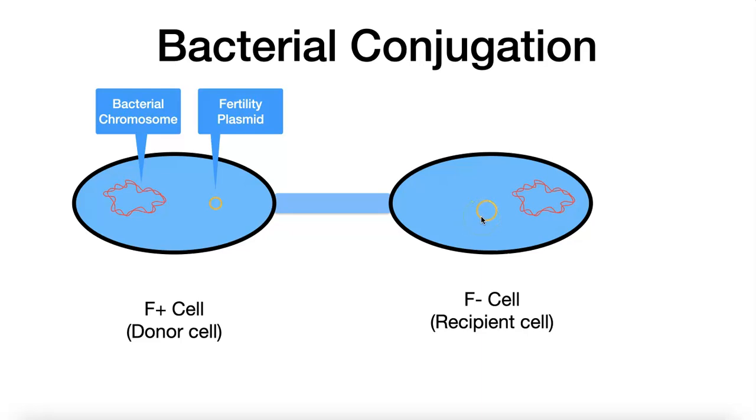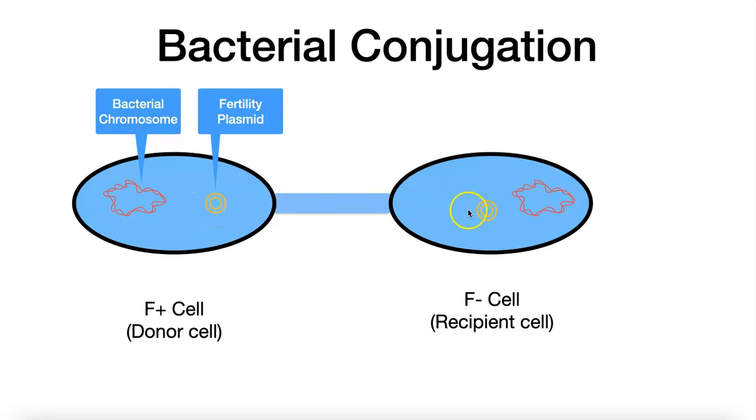What you see now is a single strand in the recipient of the plasmid, and a single strand in the donor, but both of these cells have the ability, based on the single strand DNA that's present, to make a complementary second strand. And so this cell is going to restore its double-stranded fertility plasmid.